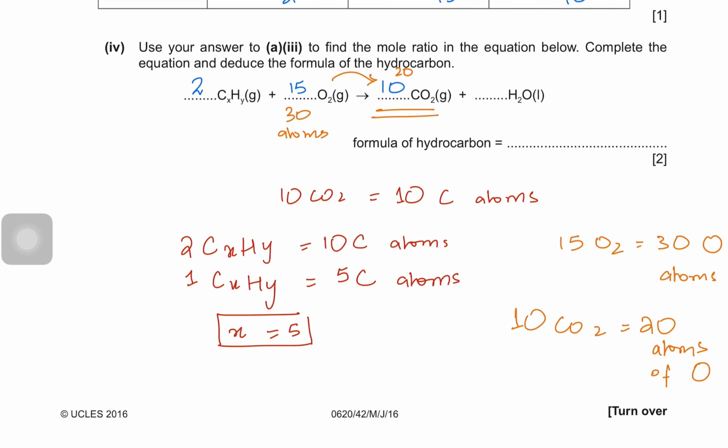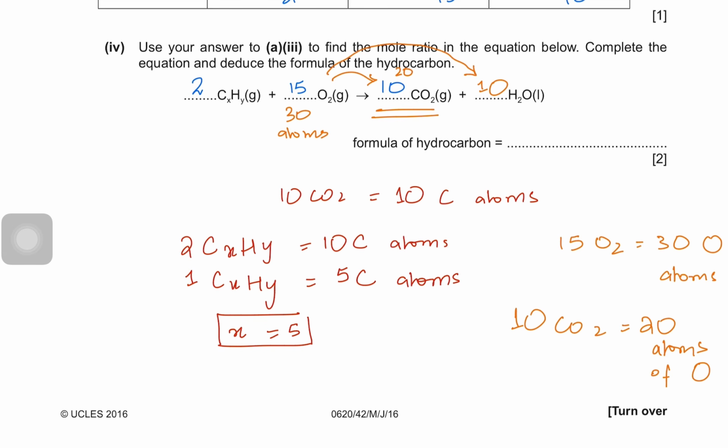How much is left? 10 is left. So 10 oxygen atoms would be used up in water. Each water molecule needs 1 oxygen atom because the formula is H2O. So 10 oxygen atoms make 10 water molecules, right?